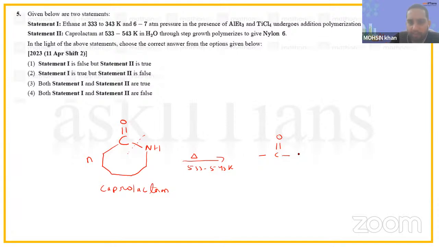C double bond O, 1, 2, 3, 4, 5 carbons are there, CH2 5, n, H. This polymer is known as nylon 6. The name of this polymer is nylon 6.